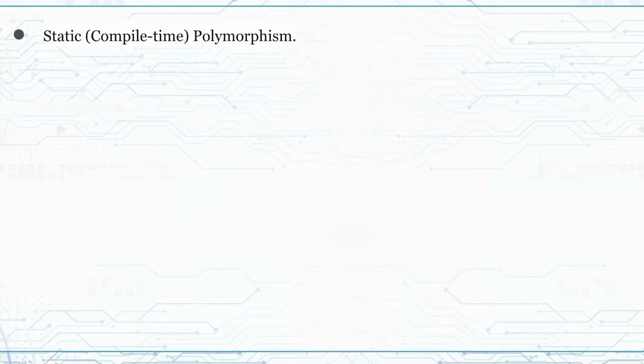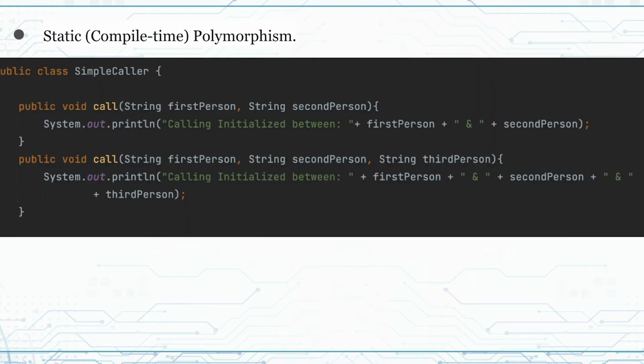The first type of polymorphism is the static compile-time polymorphism, and the concept is you define multiple methods with the same name and different arguments inside the same class, and we call this overloading. So when you define a method with the same name but you put a different argument count or different argument type, this is called overloading inside the same class.